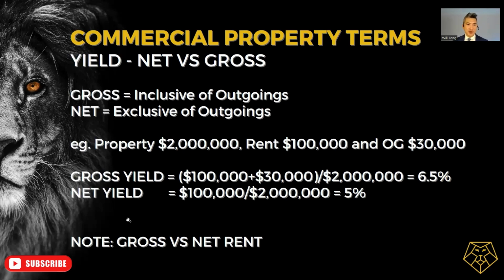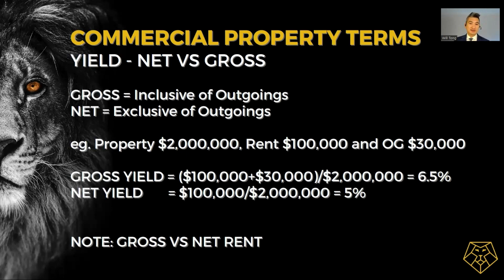Now, as a side note, it's also important to understand the difference between a gross rent agreement and a net rent agreement. Now, a lot of investors are led to believe that the commercial tenants pay all the outgoings on behalf of the landlord. Now, that is true in most cases, but in some cases, that is not true.